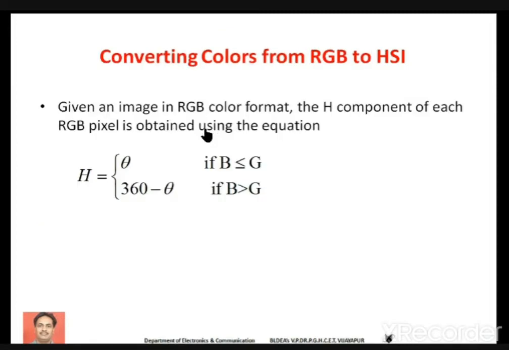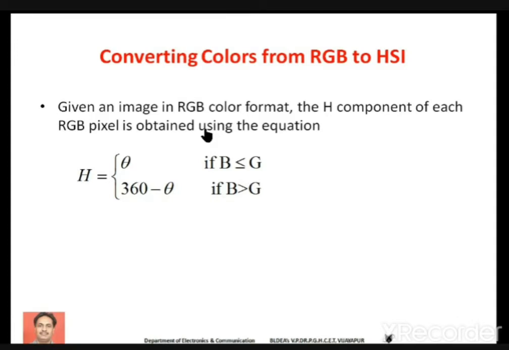Then in the next topic, we are going to discuss how to convert RGB to HSI color model. Assume that you are given a pixel value in the RGB format, and if you want to convert it into the HSI color model, we have to use a set of formulas.